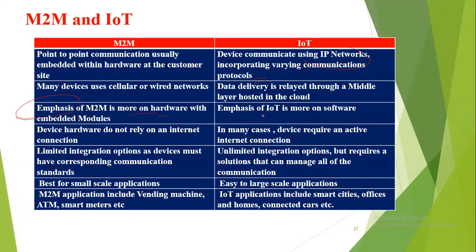Here in IoT, the focus is mostly on the software. As far as applications are concerned, vending machines, ATMs, and smart meters are examples of M2M. Smart cities, offices, homes, and connected cars are all IoT devices.